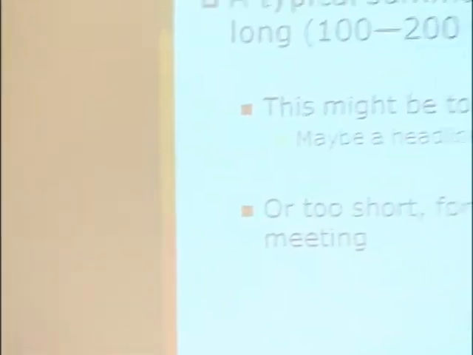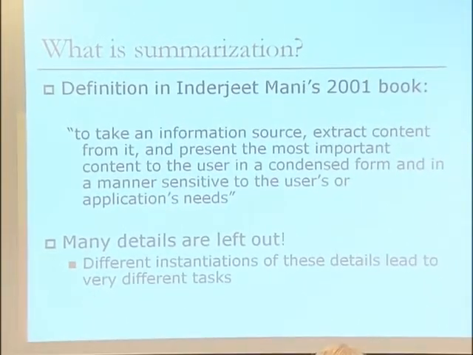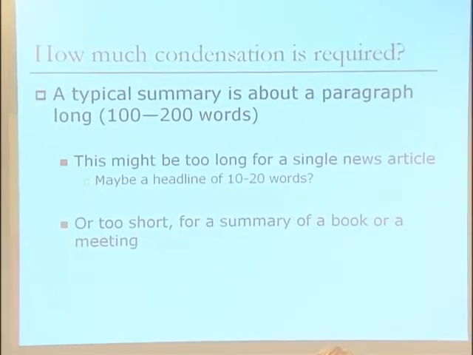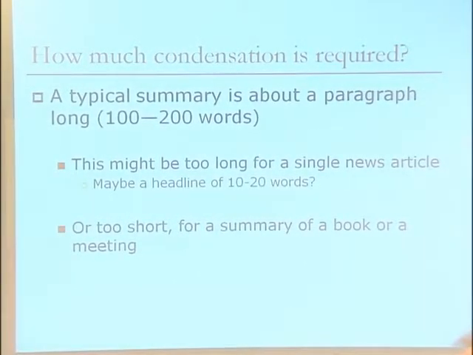So one of the unspecified things in this definition is that you present the information to a user in a condensed form. So how condensed? How much shorter should a summary be compared to the text? Well, most work that you see and read about in conferences is on summarization of news, and very often a summary is supposed to be something like a paragraph of about 100 words. But you can say, well, if you're summarizing a single news article, maybe 100 words is too much. Maybe it's about the size of the article itself.